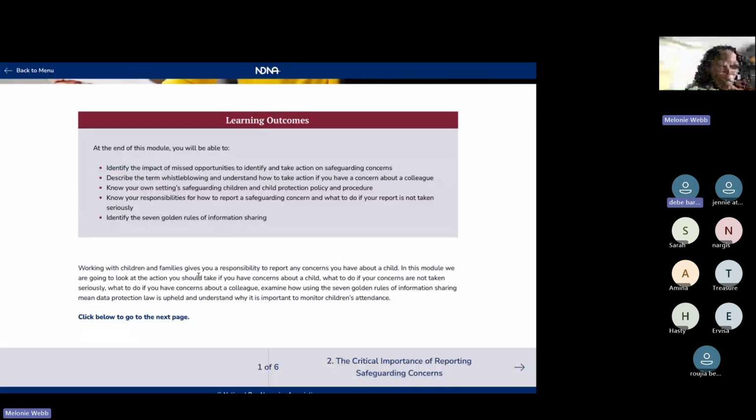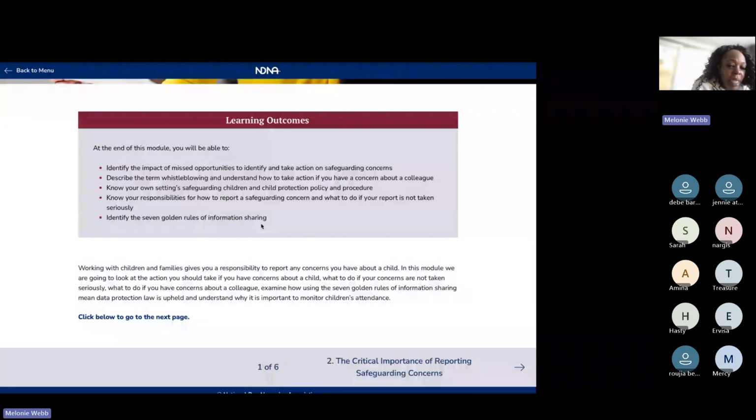In this module, we are going to look at the action you should take if you have any concerns about a child, what to do if your concerns are not taken seriously, what to do if you have concerns about a colleague, examine how to use the 7 golden rules of information sharing, to ensure data protection law is upheld, and understand why it is important to monitor children's attendance.